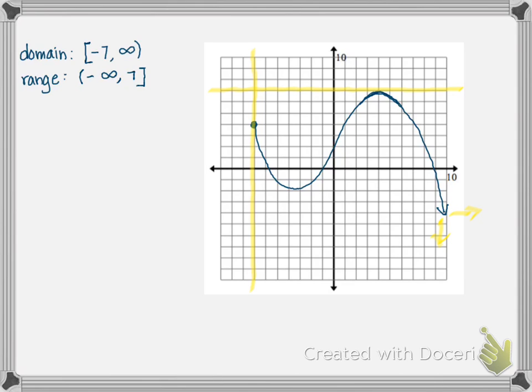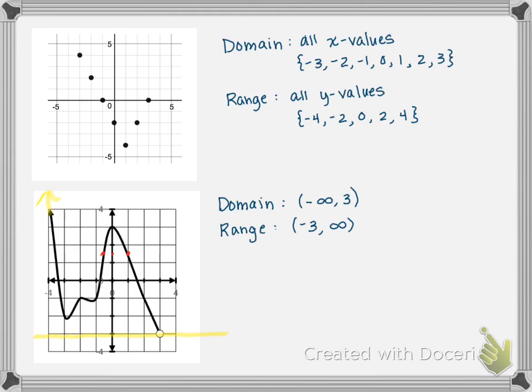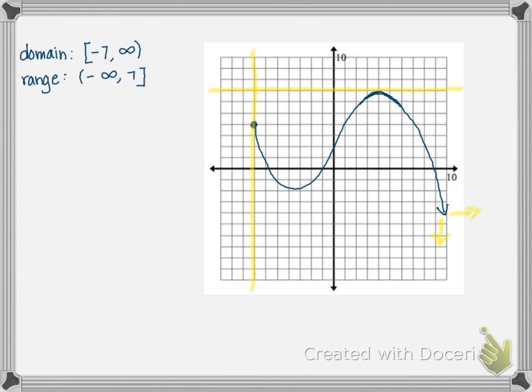This can be a little tricky because sometimes it's like, well, does it actually hit 7? The only time you'll use a soft bracket is if you have an open point like we had here. Otherwise, we assume that we actually make it there, because otherwise it's like, what do we do, 6.9 or 6.95? It's hard to tell exactly what it is. So if it looks like it goes up to 7, we just assume there is a point there at 7.